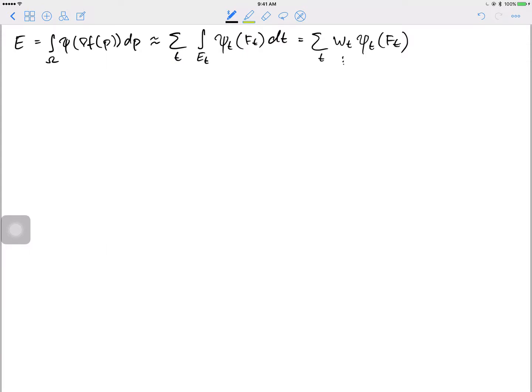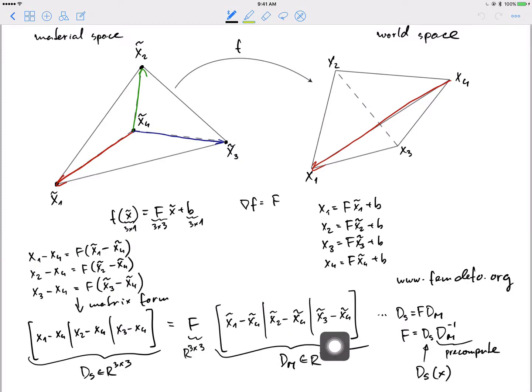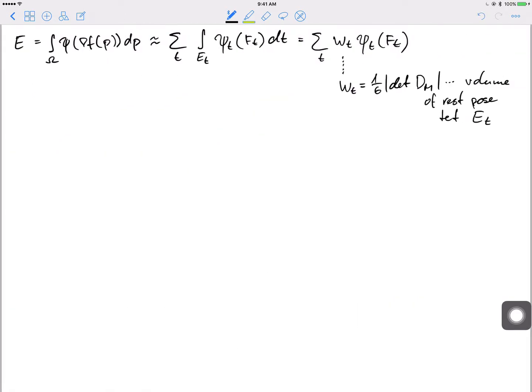Where this WT is 1/6 of the determinant of Dm. That means the volume of the rest pose element T. Okay, everybody knows that's how you compute the volume of a tetrahedron: you take exactly this edge matrix, compute the determinant of it, and take the absolute value just in case that happened to be negative, which it shouldn't if you have your elements oriented nicely, but just to be on the safer side.